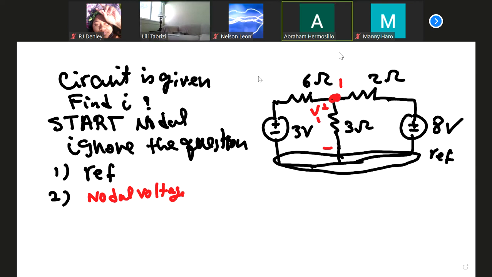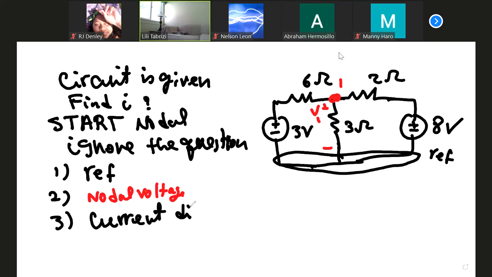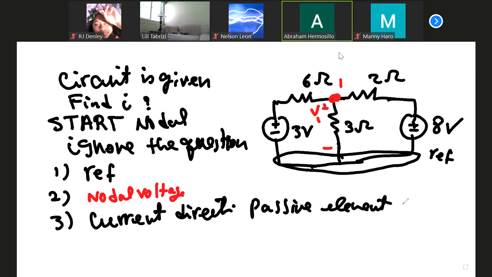Guideline number 3 says assign current direction only, don't label it. Only passive elements. How many passive elements do you have? 3. So 6 ohm, 2 ohm, 3 ohm. What direction do you like? In this case, this is a good thing: don't even have to worry about passive sign, non-passive sign. You choose. Do you want from left to right, right to left, anything?